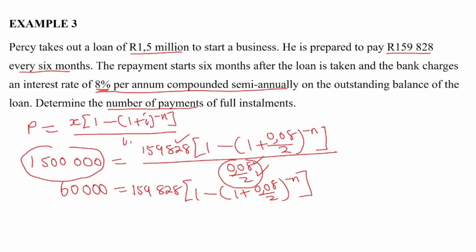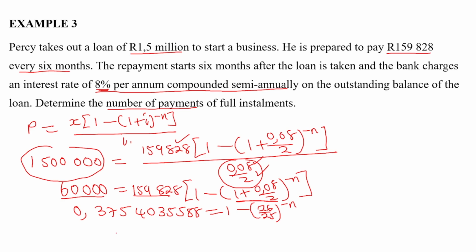Now we can divide both sides by 159,828. If you say 60,000 divided by this, you get 0.37540355588, is equal to 1 minus, then we can find this. Put this in the calculator as it is. 1 plus 0.08 over 2, you must get 26 over 25, to the power negative n.